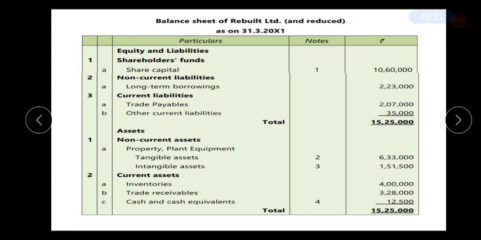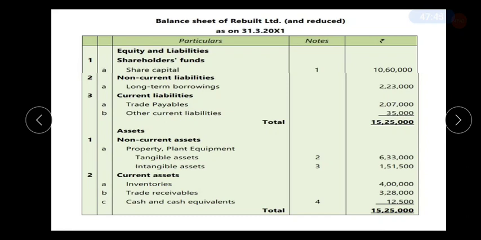And if you total it, it should match with equity and liabilities. So 15,25,000 here and 15,25,000 here. Your balance sheet is tallying. So this is about internal reconstruction. In internal reconstruction, you need to follow the scheme of reconstruction, and wherever there are adjustments with respect to alteration of capital, you need to adjust that.